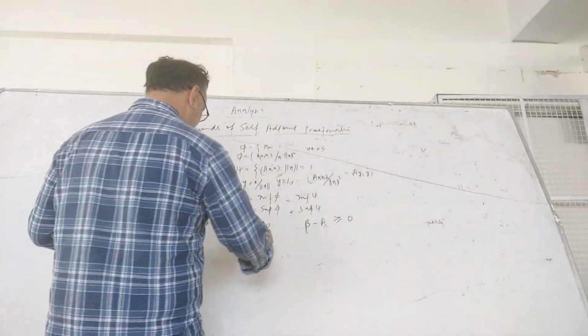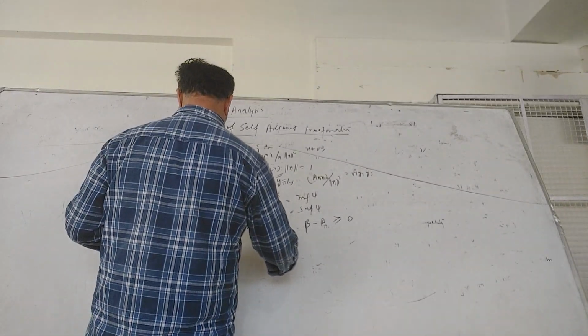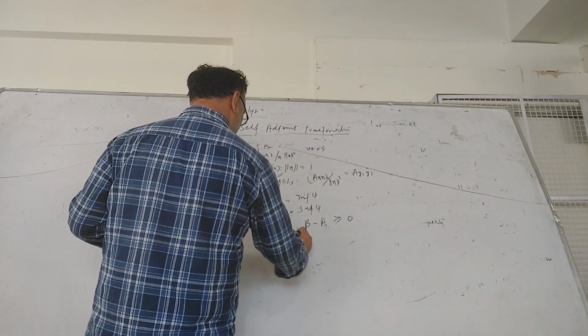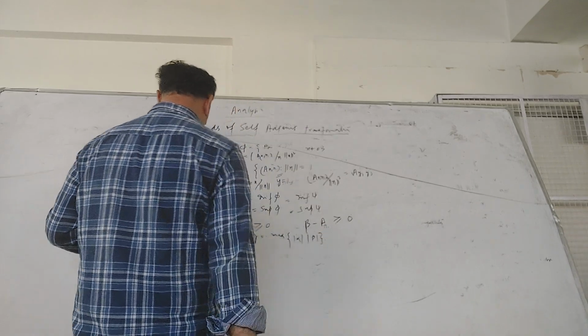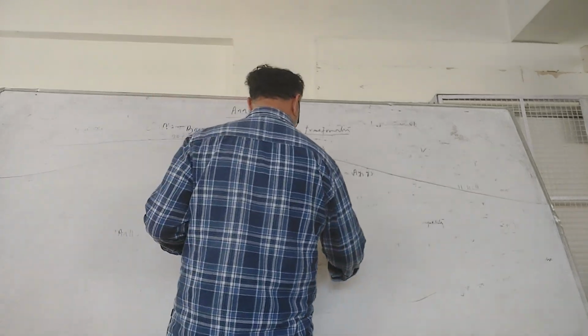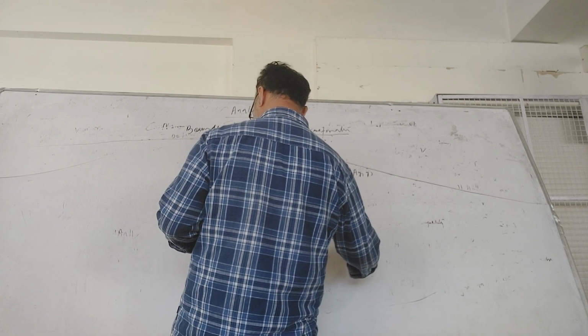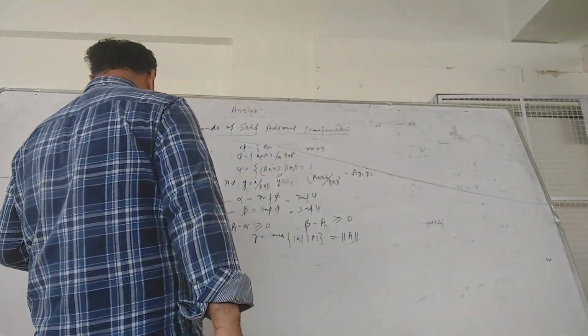And considering the numbers, gamma can be defined as the maximum of alpha and beta. So half of the proof is easy.